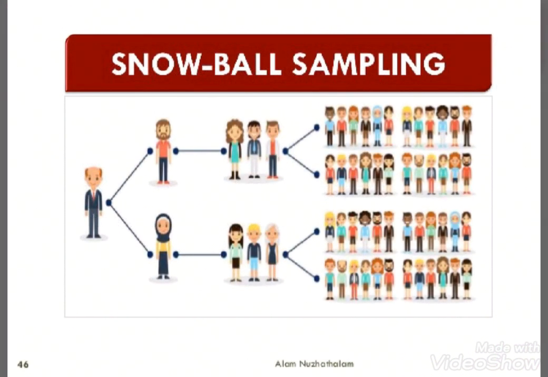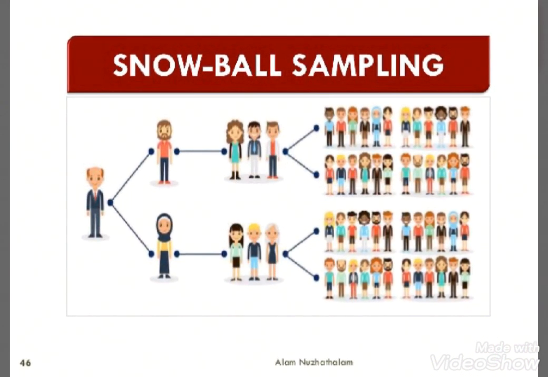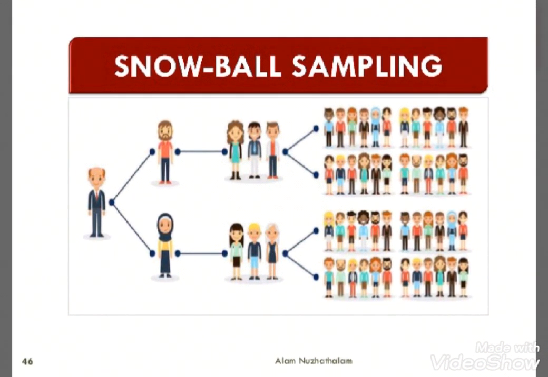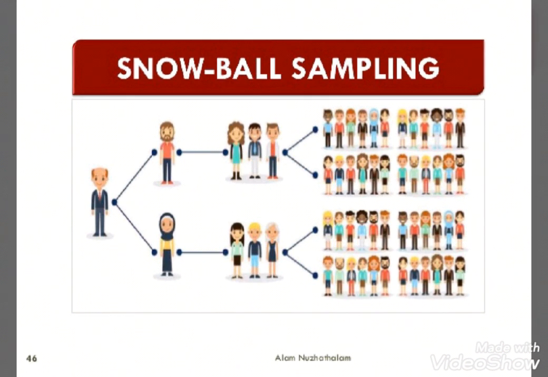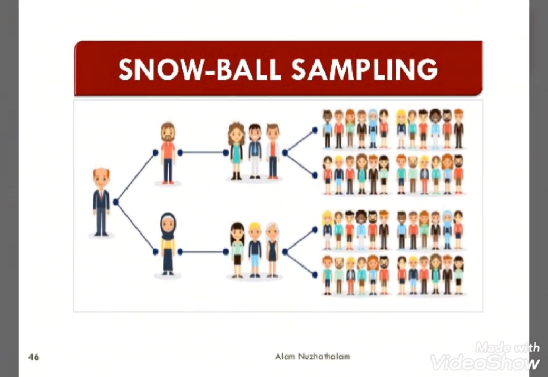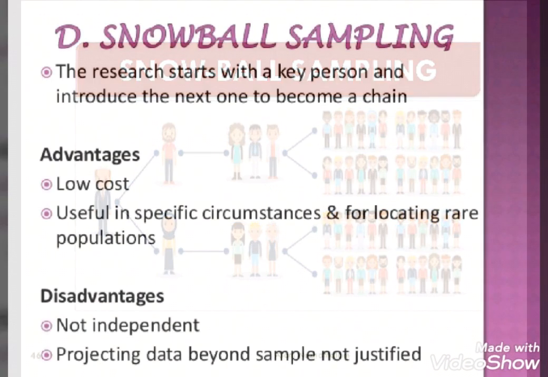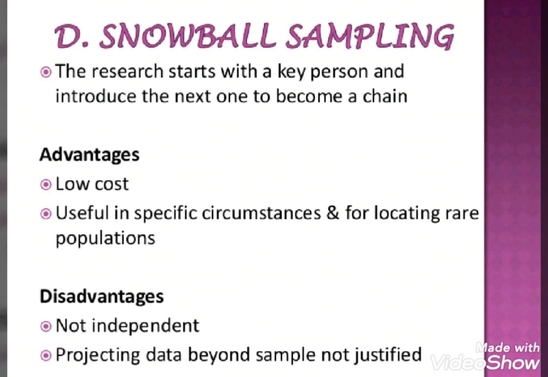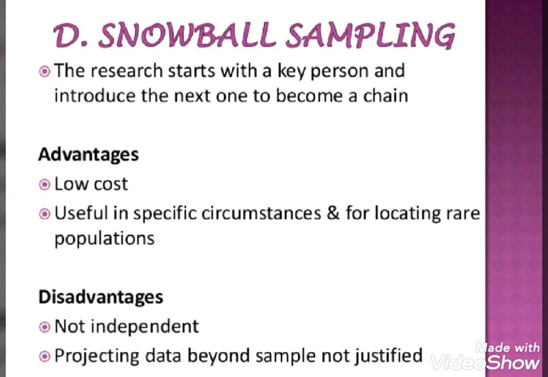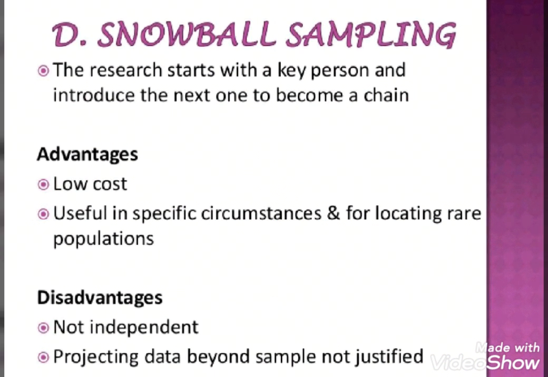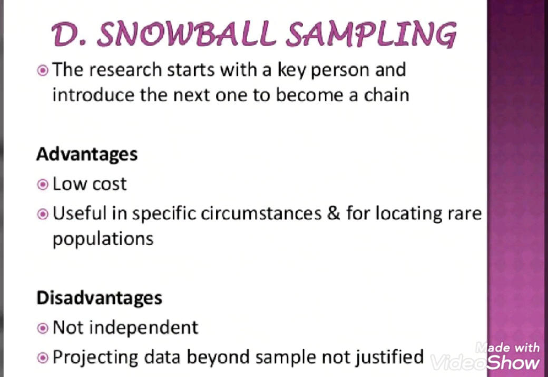Then snowball sampling. In snowball sampling, we take one lead and then others are added according to their own choice. The researcher starts with a key person, who introduces the next one, to become a chain. So in this one we take one from the sample and give the rest the choice to select in their own way.